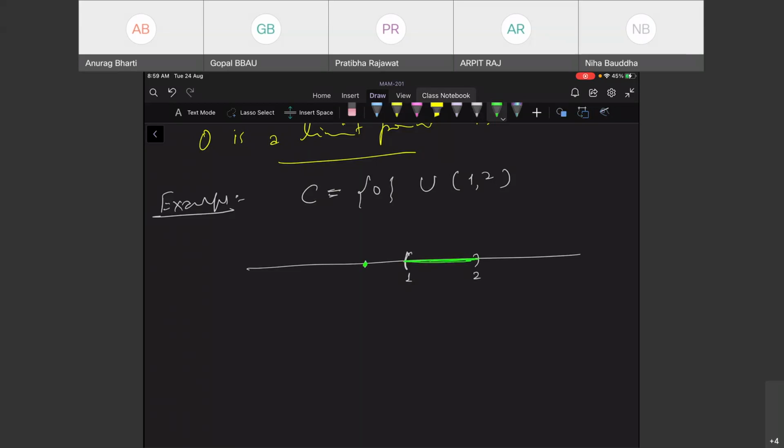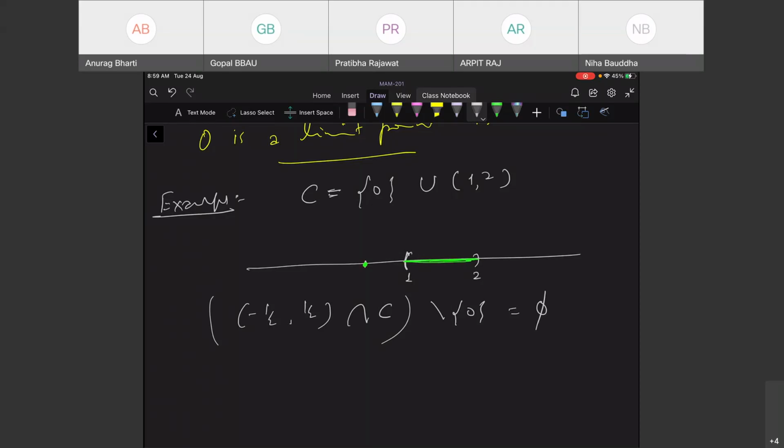So clearly 0 is not a limit point, because take minus half comma half. This is a neighborhood of 0. When you intersect with C and you remove the point 0, you will get the empty set. Correct or not?